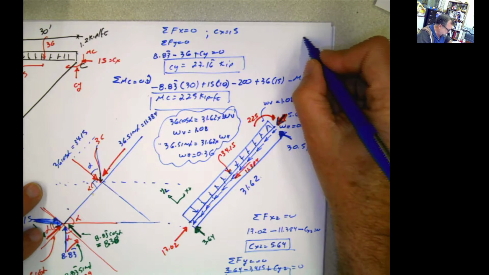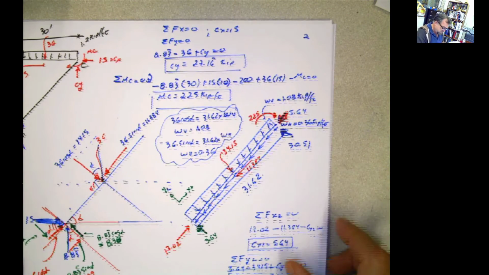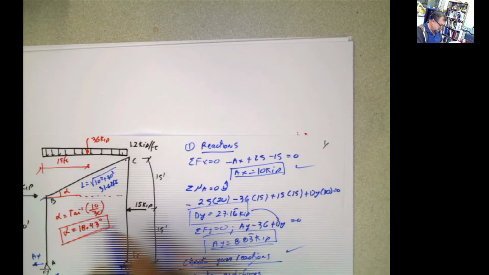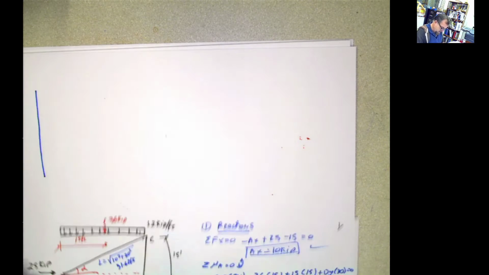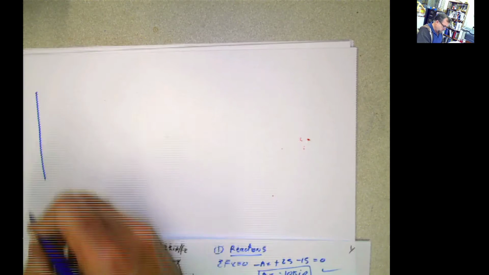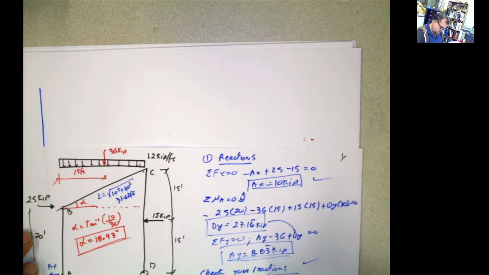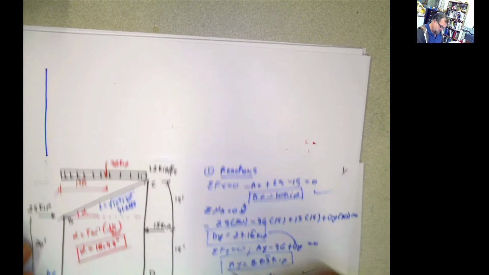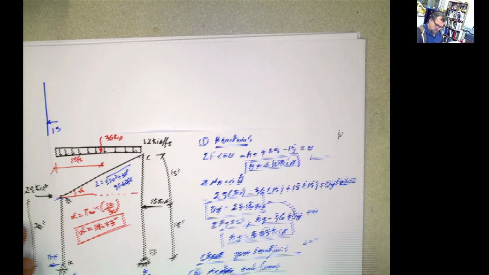So this is page number 2, and we're almost done, believe it or not, because the last one is the easiest one. The last member is this member here. So this member here is Dy, 27.16, and this was periodic also, and I have this 15 kip here, and then I have to transfer these values.